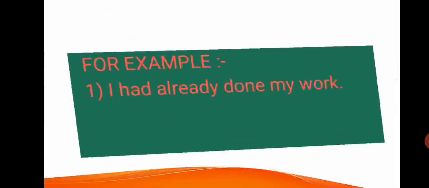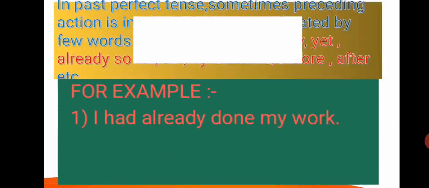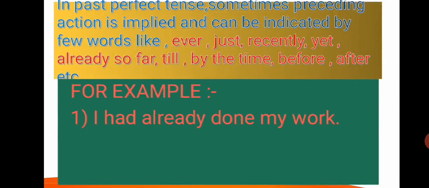So, it is important to understand which action is taking place first and which one is next. Sometimes the preceding action is implied and can be indicated by a few words like ever, just, recently, yet, already, so far, till, by the time, before, after, etc. So, now before is helping us to show the preceding action.